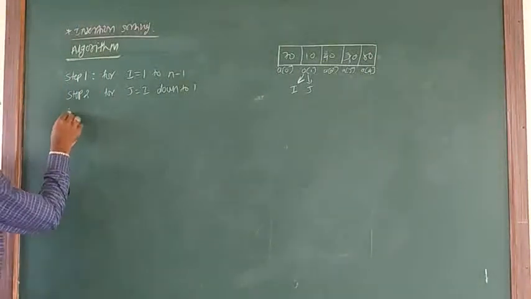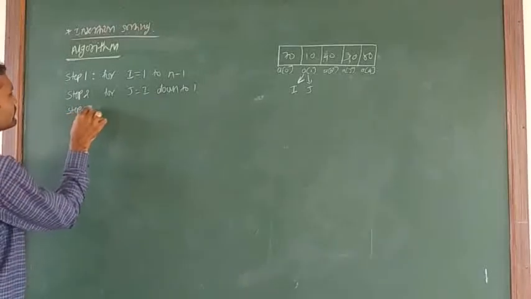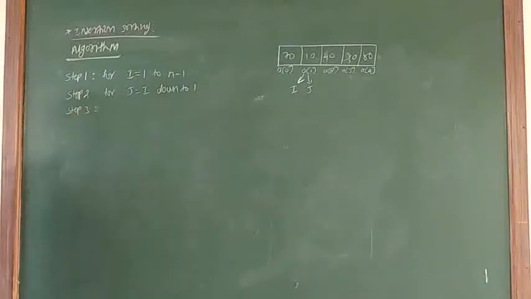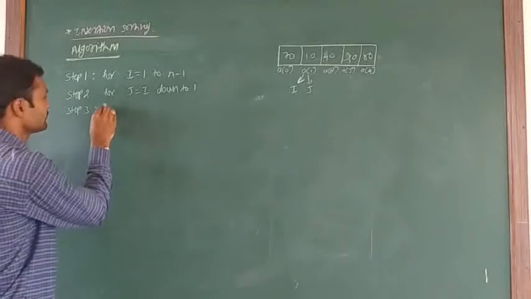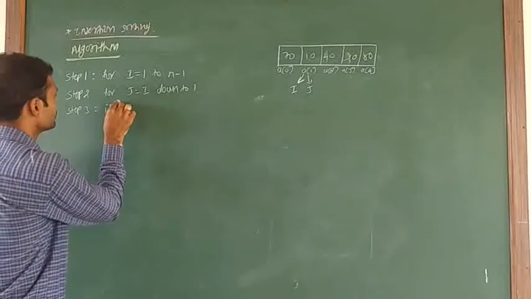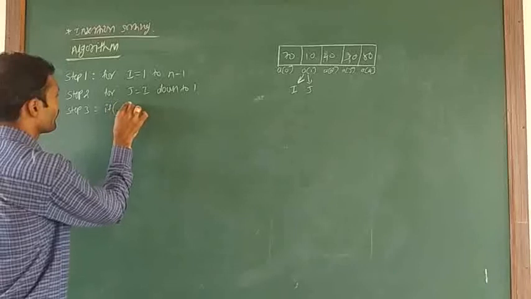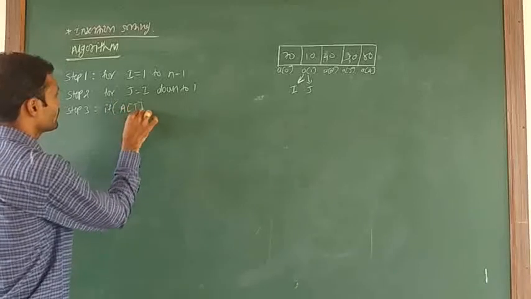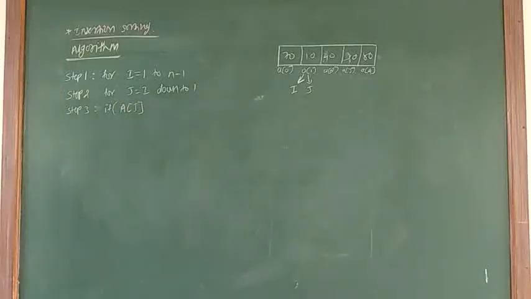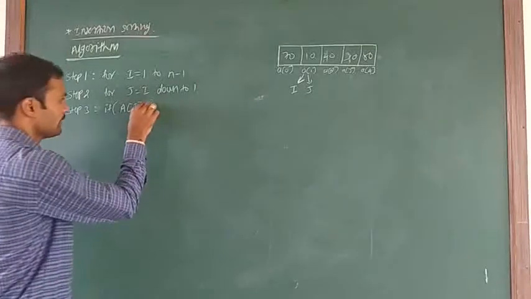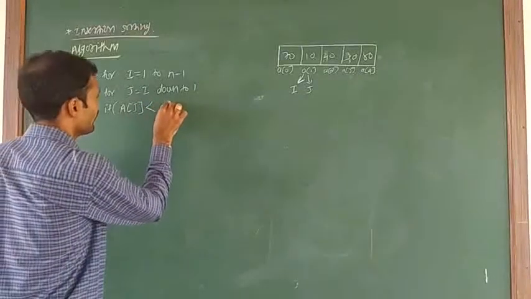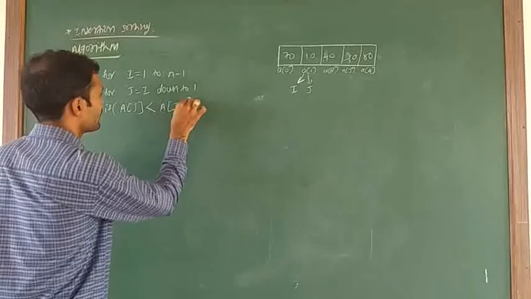Step 3. If A of j is less than A of j minus 1.